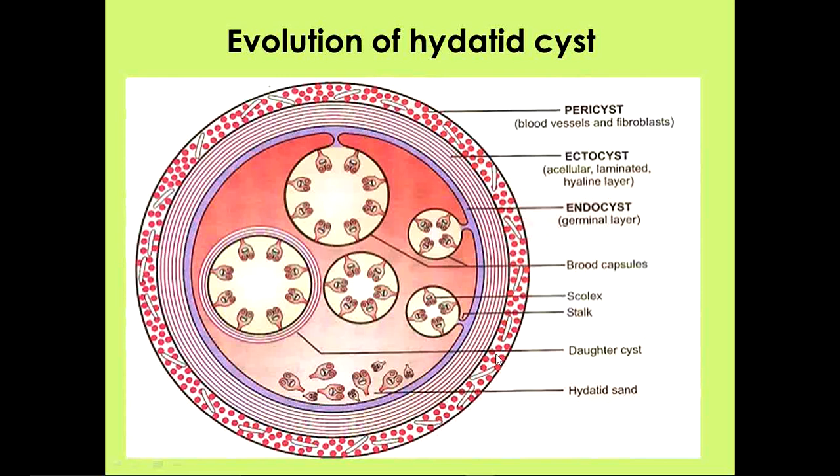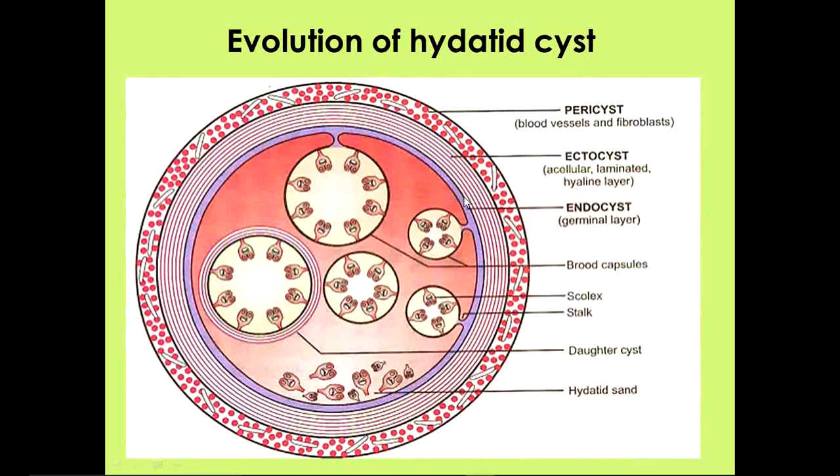Now let's have a look at the evolution of hydatid cyst, or you can say the pathogenesis of this hydatid cyst. So there are two main layers, I would say. The first one is the ectocyst, also known as outer cuticle layer.